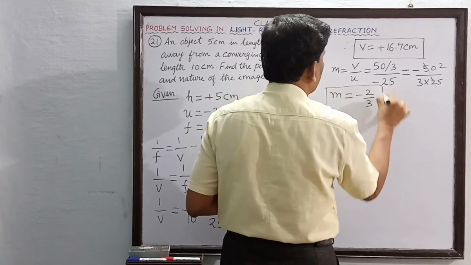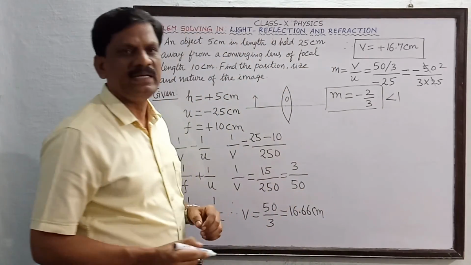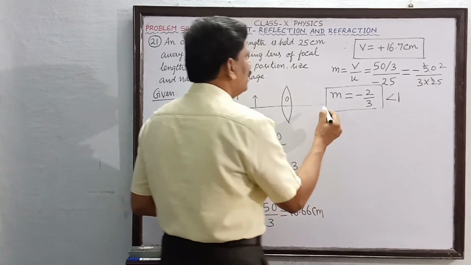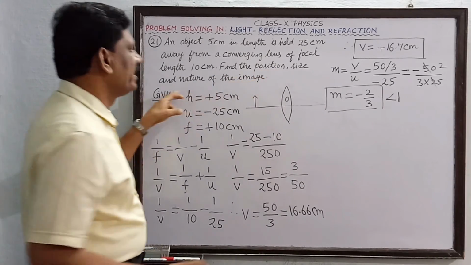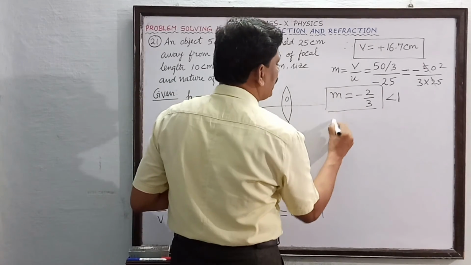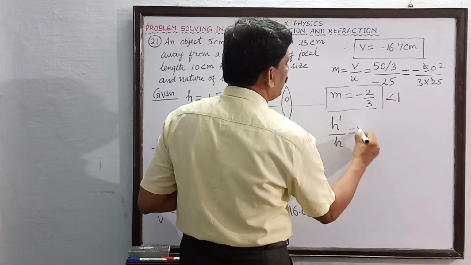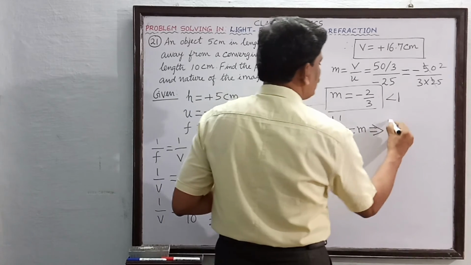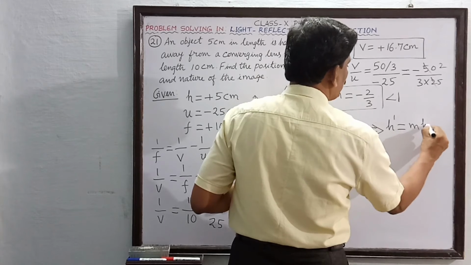Minus 2 by 3, which is less than 1. Less than 1 means what? It is a diminished image. So this is a diminished image. Next one is, find the size of the image. So h dash by h is equal to m. This implies h dash is equal to m into h.